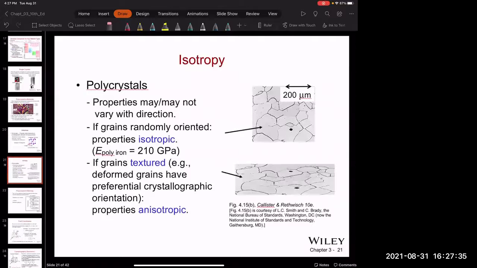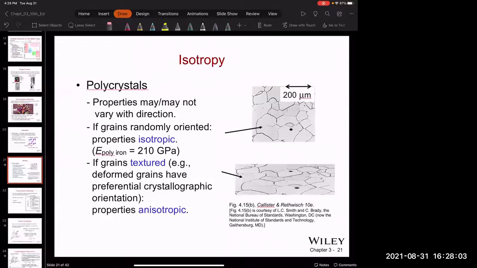If you have a polycrystalline material, the grains inside of the material are oriented in all directions. So the total sum of those properties will also be randomly arranged. So the property may be isotropic, which means it doesn't matter which orientation you are using the material.